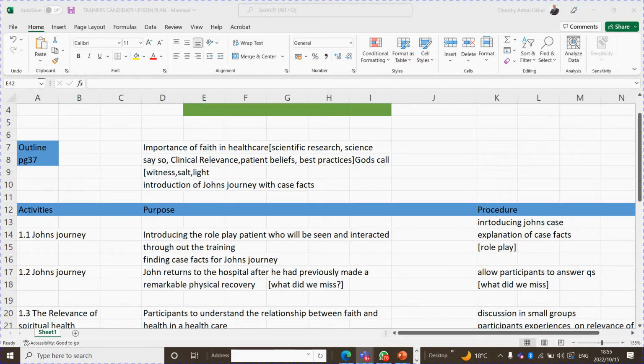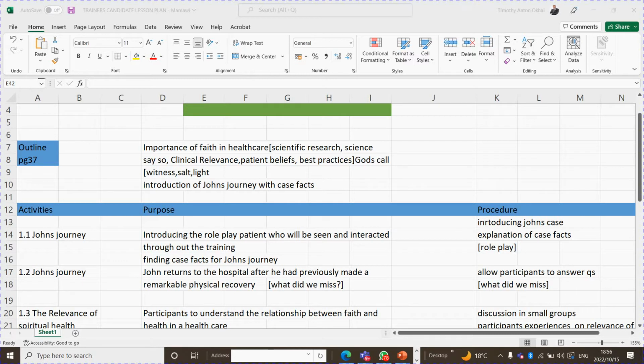We have a lesson plan for question 1, which says why faith is important in healthcare. So here's the outline: importance of faith in healthcare, scientific research. Science says so. There are 3 categories: clinical reference, patient beliefs, best practices. God's call, that is witness, salt, light, and introduction of John's journey with case facts.